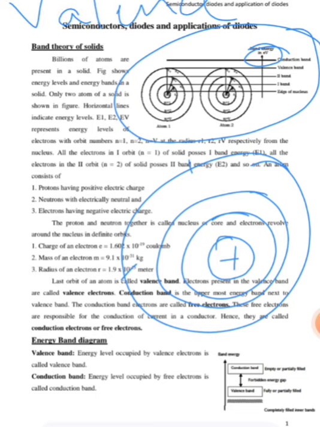The energy possessed by these valence electrons, I'm just discussing only one atom, but if I consider any solid, there are a number of atoms where each atom will have these valence electrons, and the energies of all these valence electrons put together will be called a valence band.